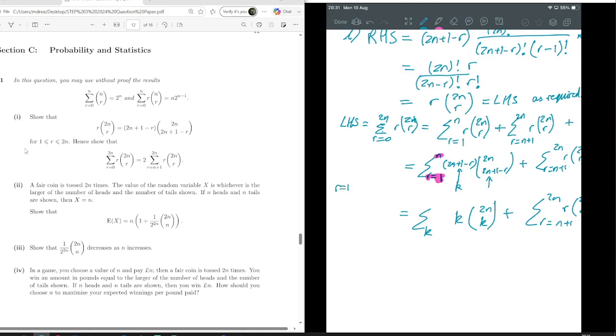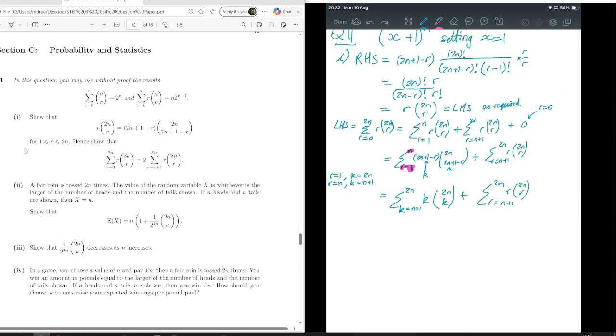When r equals 1, k is 2n, and when r equals n, k is n plus 1. So we're doing the summation backwards. The first term of this summation is the last term of this one. So we've reordered the summation as well, but that doesn't really matter.